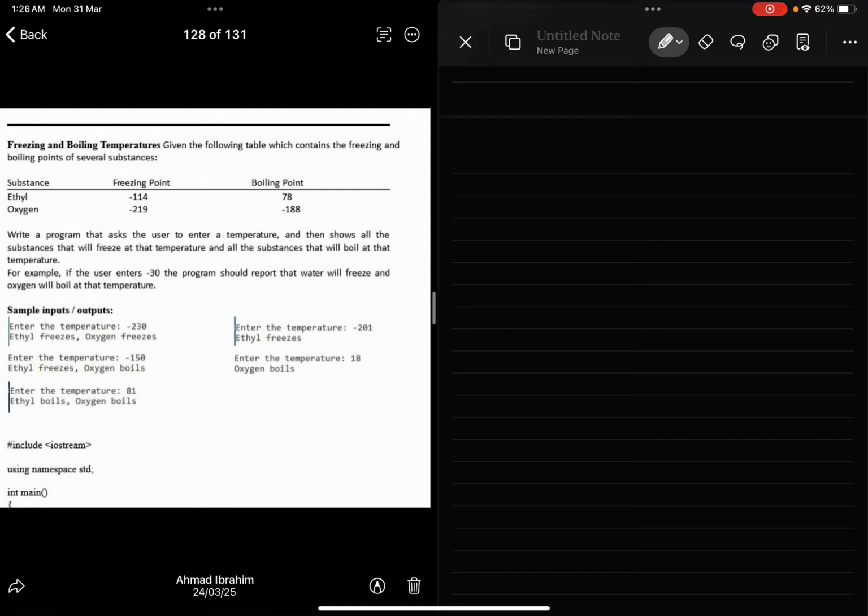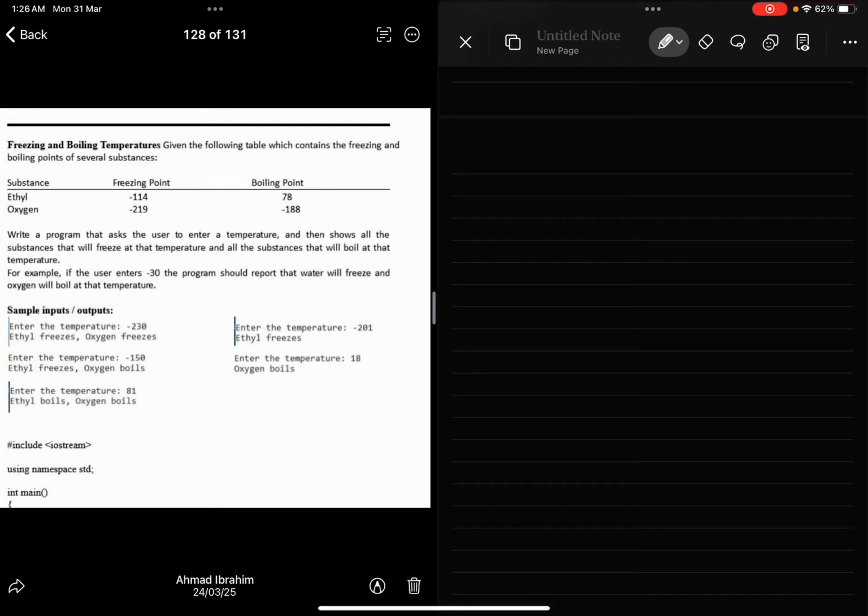He enters the temperature, he writes negative 230, so it will be ethyl freezes and oxygen freezes. For the second one, he prints negative 150, that means ethyl freezes and oxygen boils. 81, ethyl boils, oxygen boils. Negative 201, ethyl freezes. 18, oxygen boils.